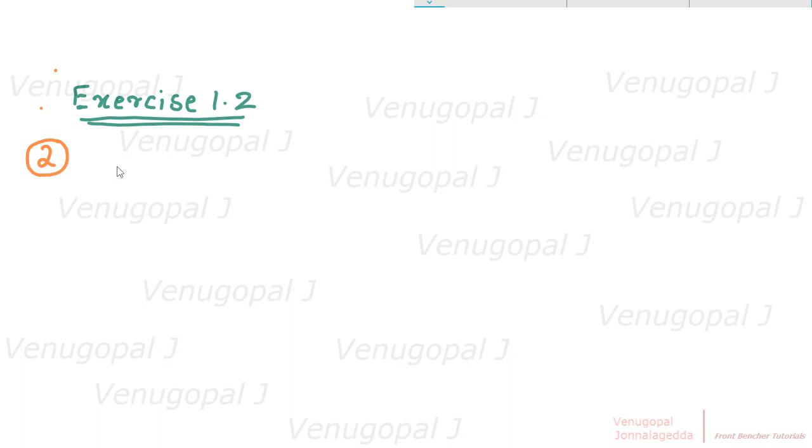So now let's do the second sum, which asks you which of the following sets are empty sets. You need to identify, out of all the 5 ones, which are all empty sets. Identify them.